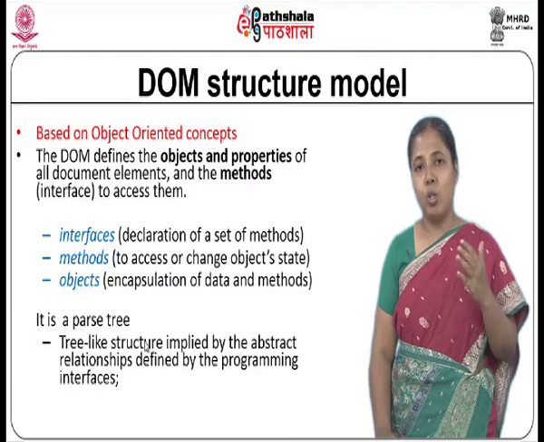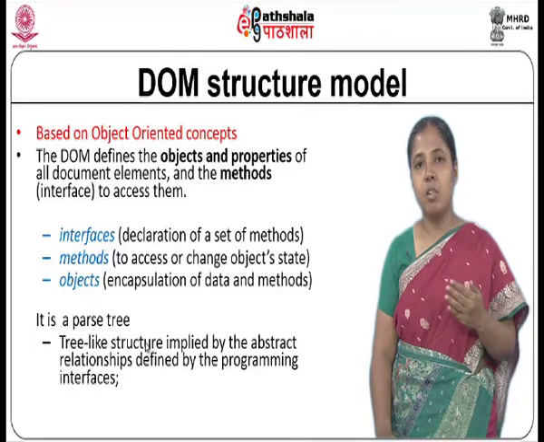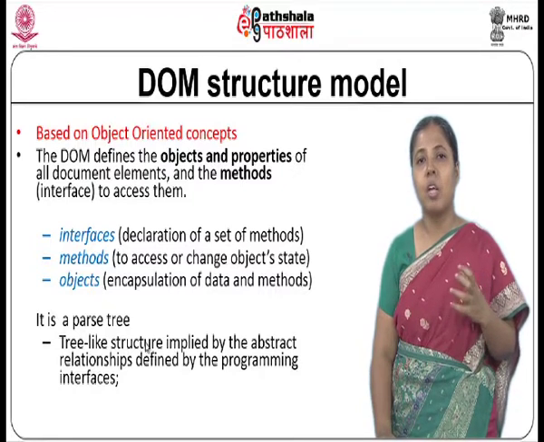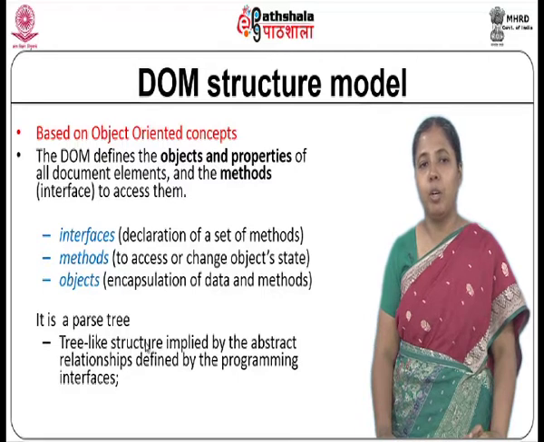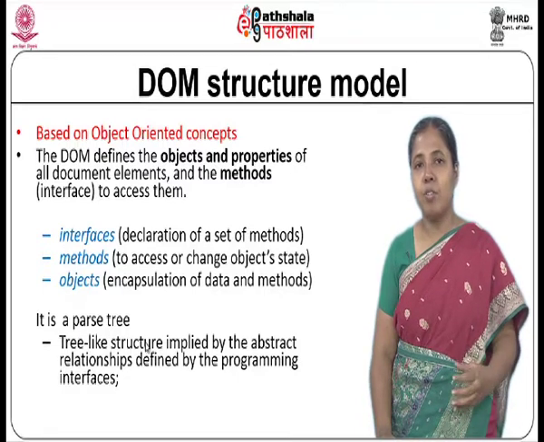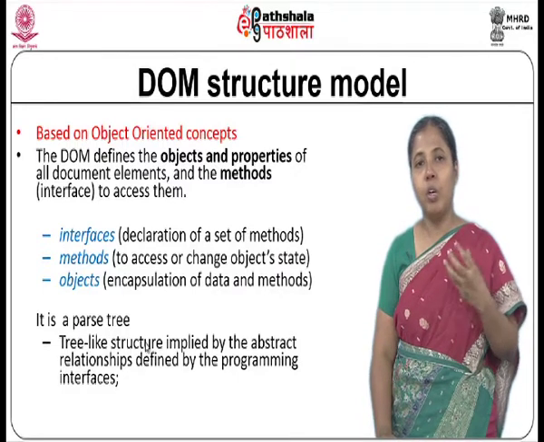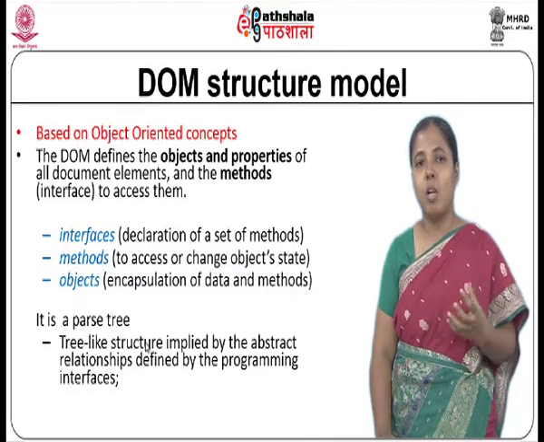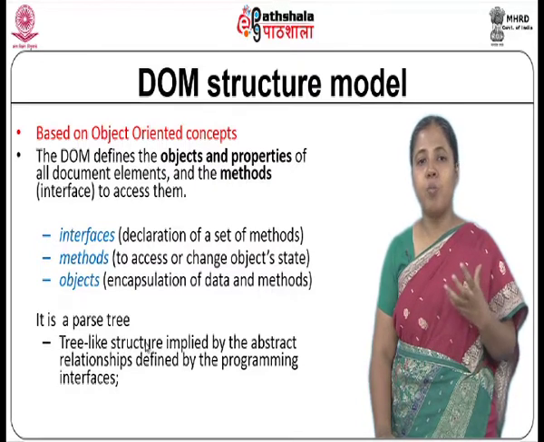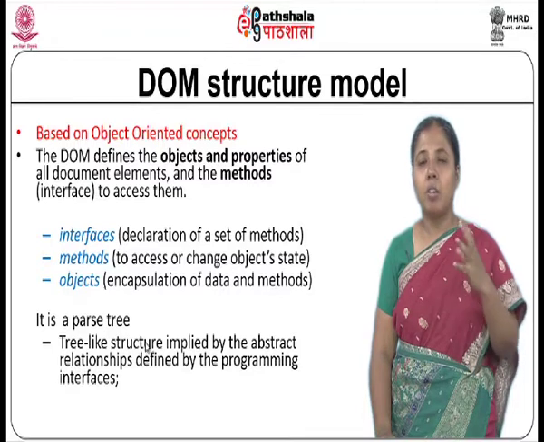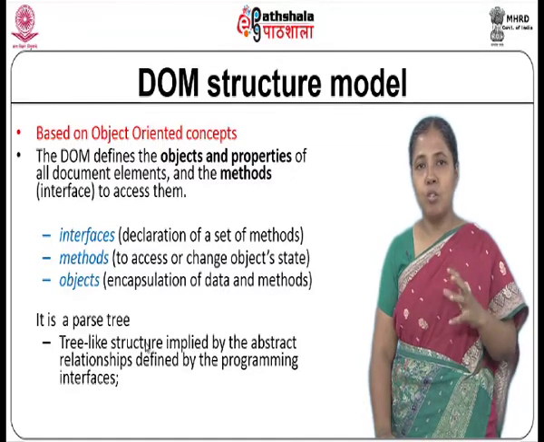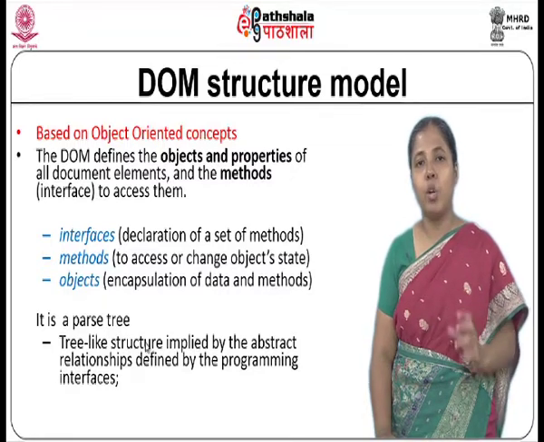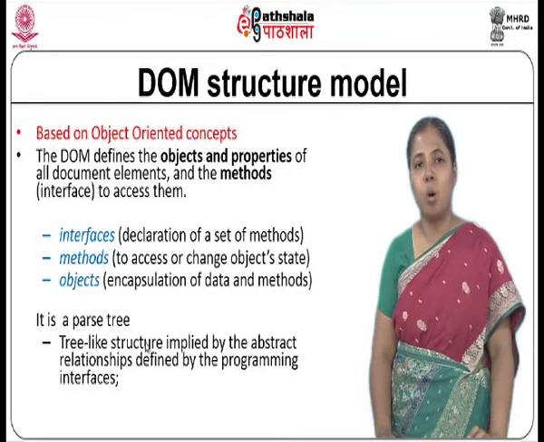So, we have a set of interfaces that defines the set of methods to access the different kinds of elements or nodes that you have in the XML document. Within this interface, every node has its own properties. To access these properties, we have methods, and all these properties and methods are bound together, or encapsulated together, which we call an object.